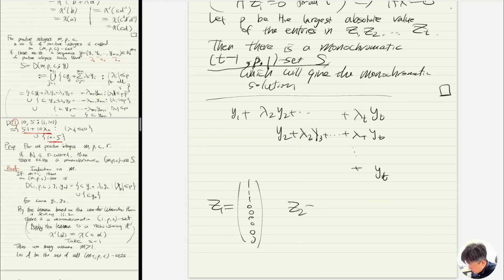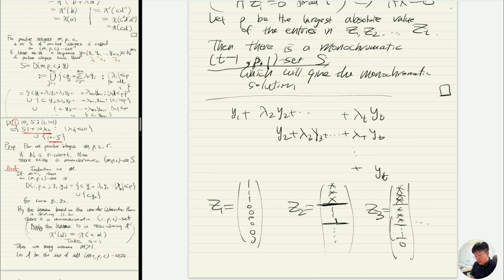And G2 is something like some numbers and then 1 1 1 and then anything. G3 is something like anything, and then 1 1 1. Oh no, anything, 1 1 1 and 0. All right, so that's what's happening.